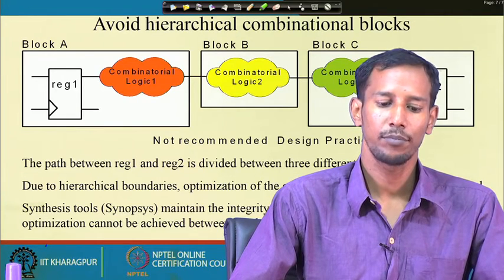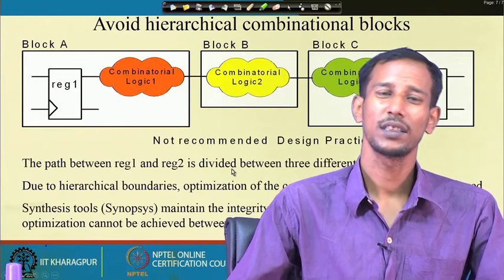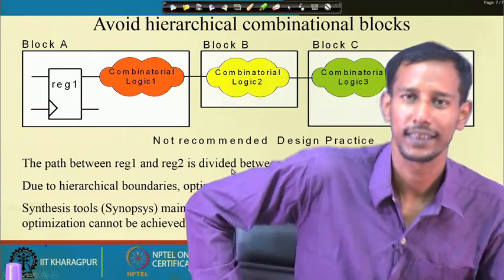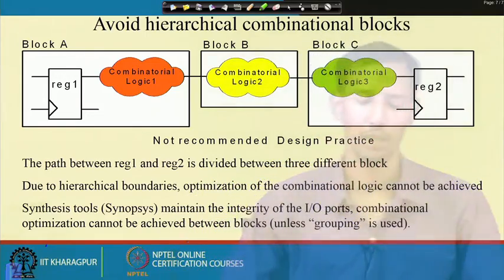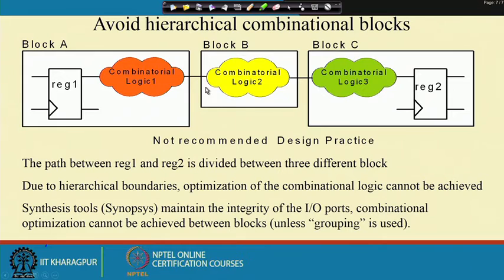Whenever we are doing this synthesis procedure, some things you have to avoid. You have to avoid hierarchical combinational blocks. Here, if you see, I have register 1 and register 2, and among them I have 3 blocks: block 1, block 2, block 3.